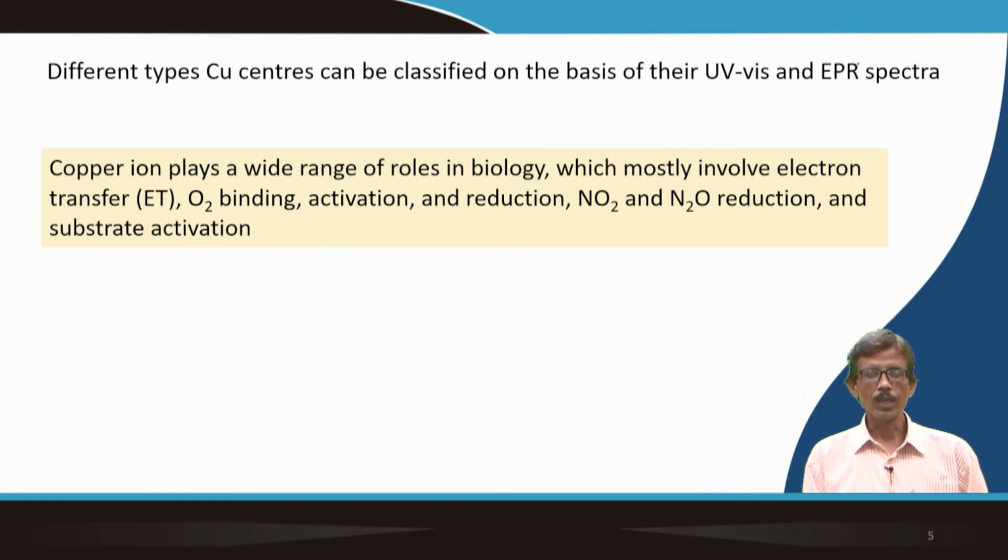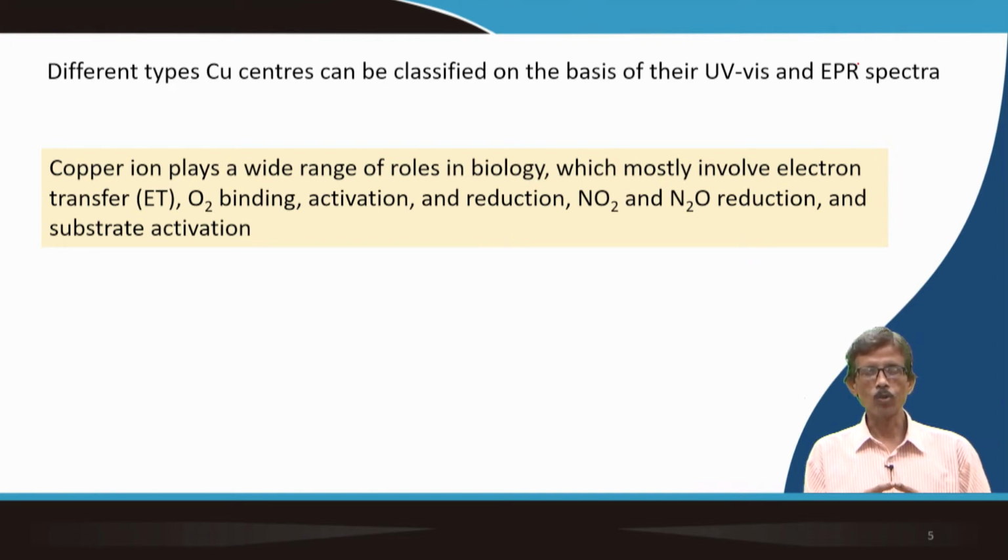But the first thing what we will study today is the involvement of copper in typical electron transfer reactions, like rubredoxin and ferredoxin molecules. Then before that we definitely will talk about the oxygen binding like myoglobin and hemoglobin, because side by side we can compare. Already we have learned in our previous module about the corresponding iron chemistry, iron coordination chemistry and iron biological chemistry, where we have seen that myoglobin and hemoglobin molecules are responsible for O2 binding.